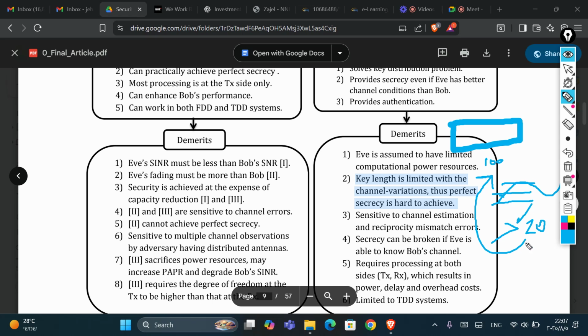Difficult from many aspects. Difficult from the sense that the channel doesn't change that frequently. The randomness in it sometimes is limited because the channel is not really sufficiently random.